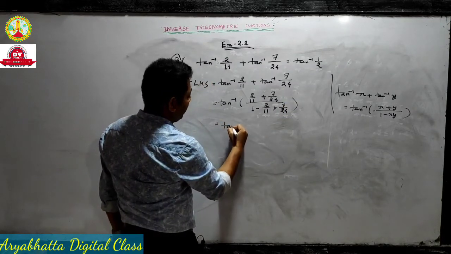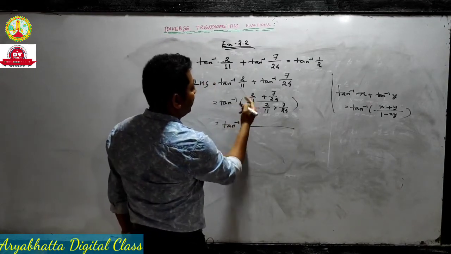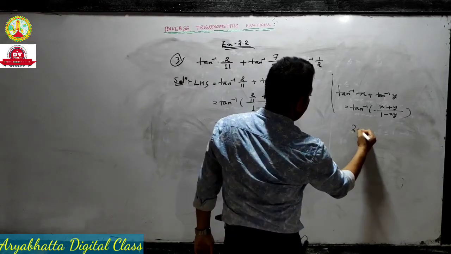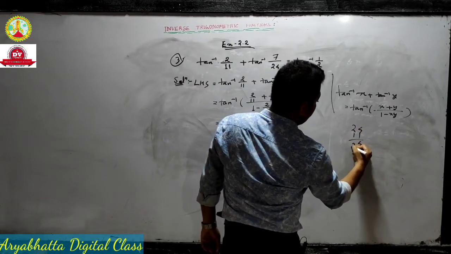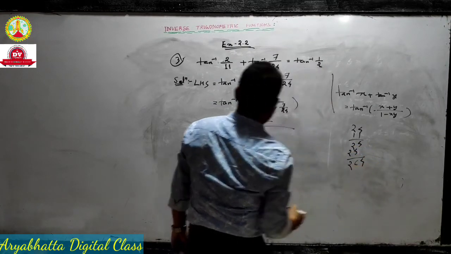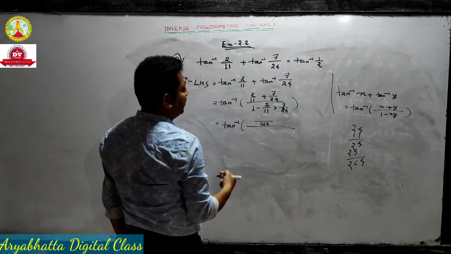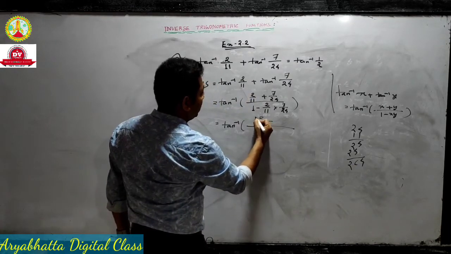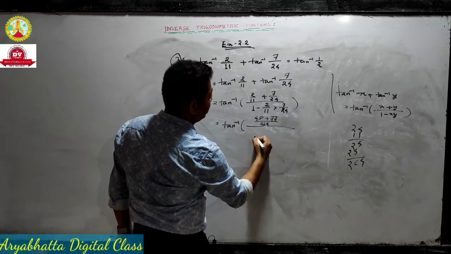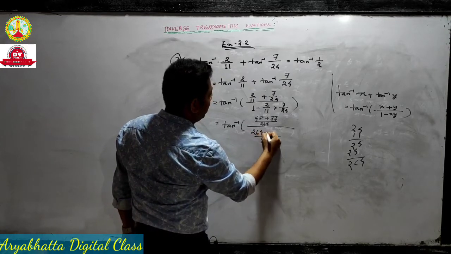This is equal to tan inverse, 11 into 24 is 264. 24 into 2 is 48, plus 77, divided by 264 minus 14.